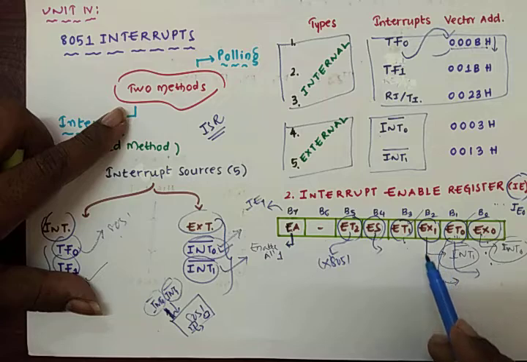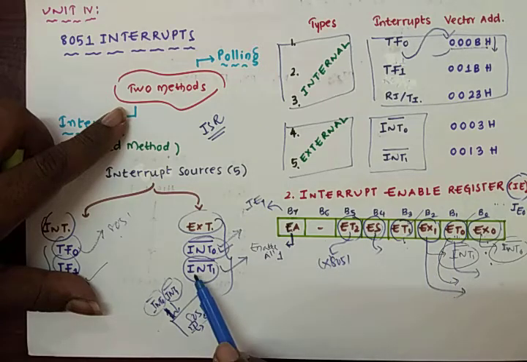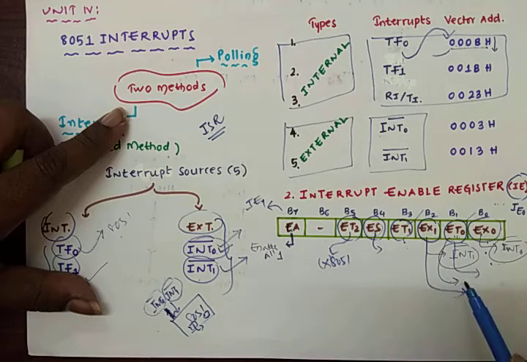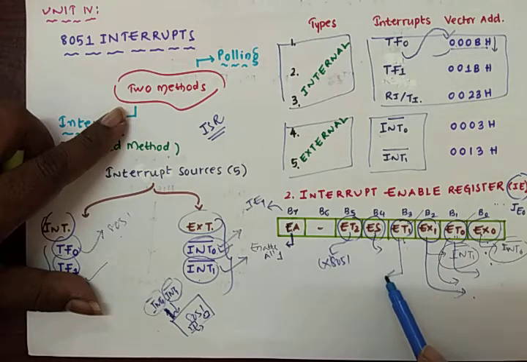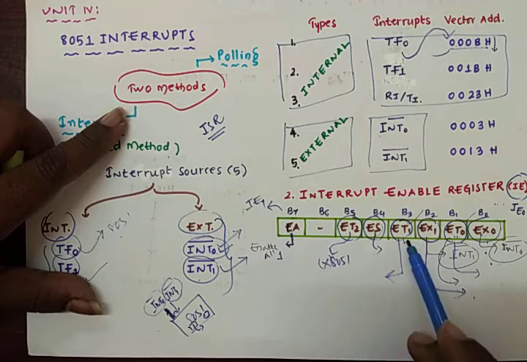Second one is the external interrupt 1, that is interrupt 1. It is an active low signal. This can be enabled or disabled by software. Enable means 1 and disable means 0. Coming to this one, it is the interrupt from timer 1. We know that it has 2 timers, timer 0 and timer 1, and the timer 1 interrupt can be enabled by software.